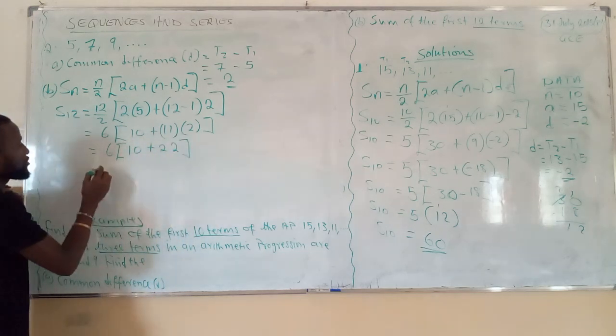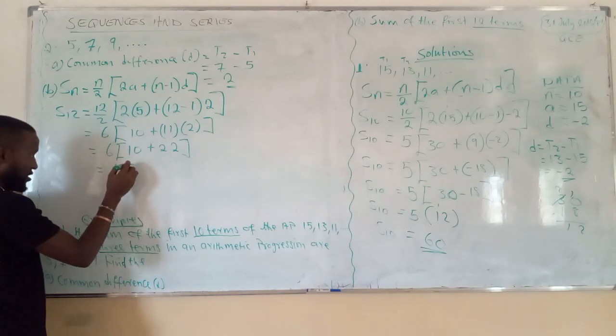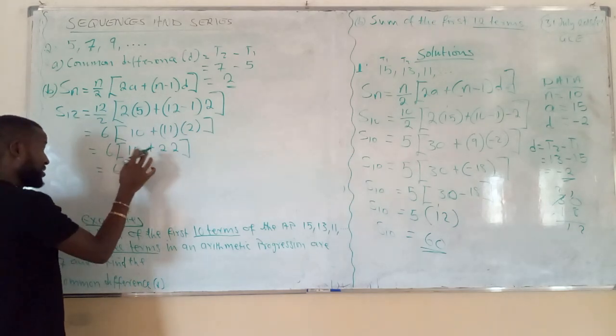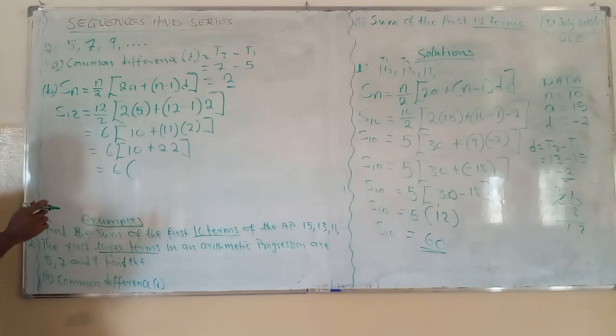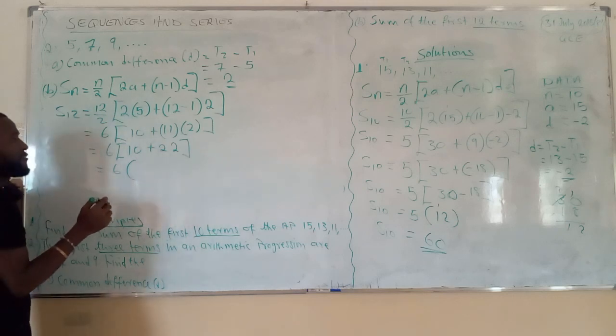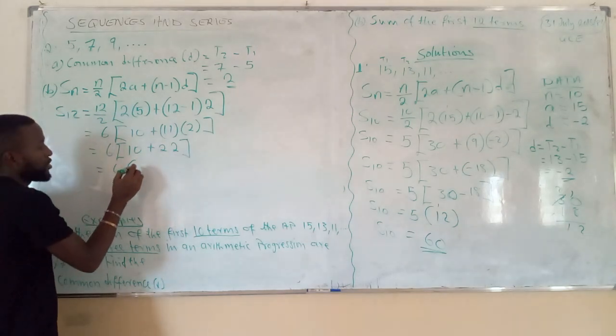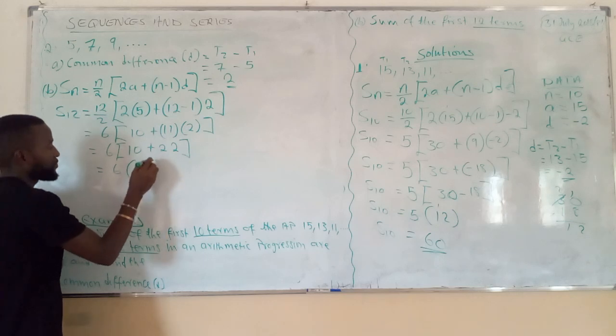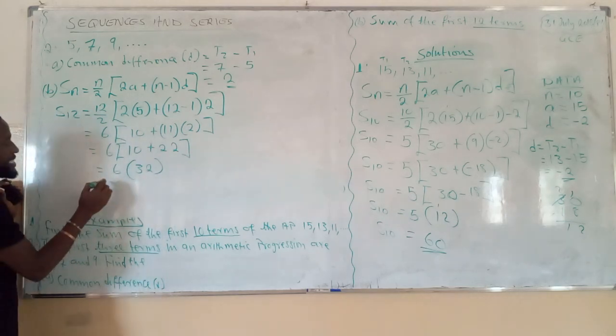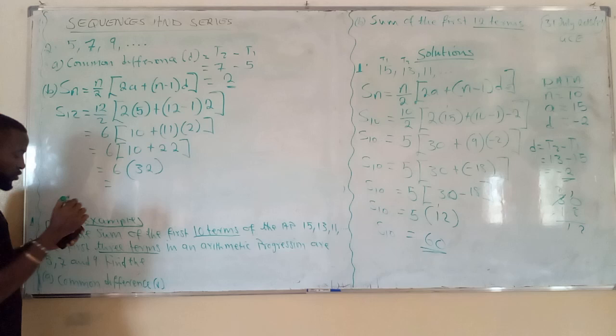So what is 10 plus 22? 10 plus 22 is 32. Now what is 6 times 32?